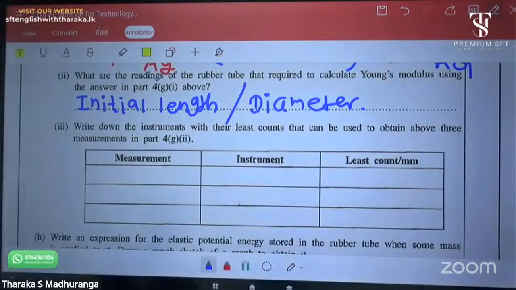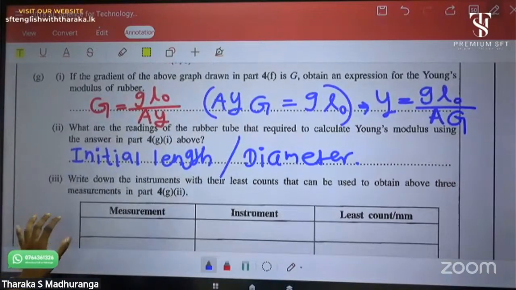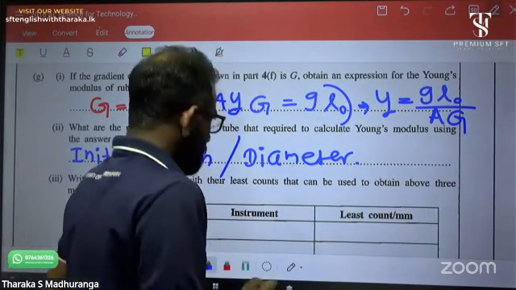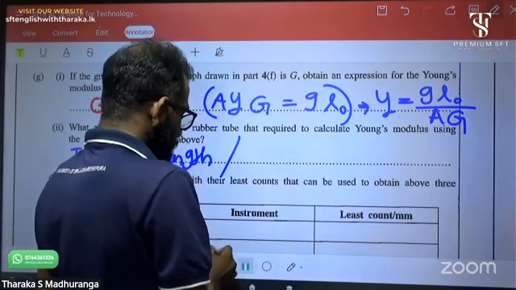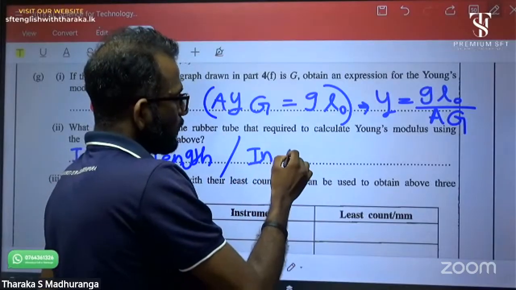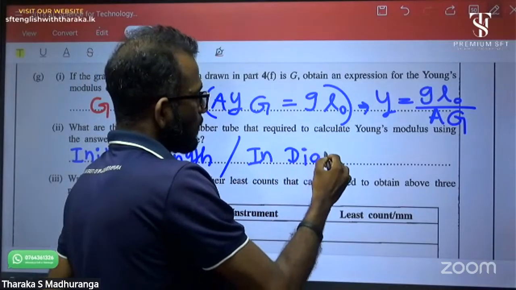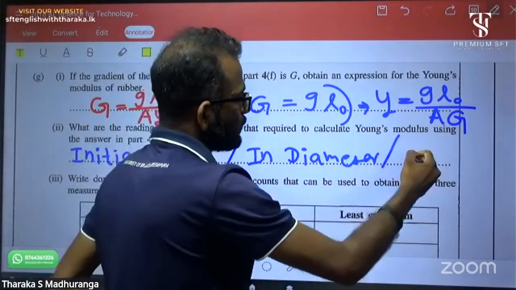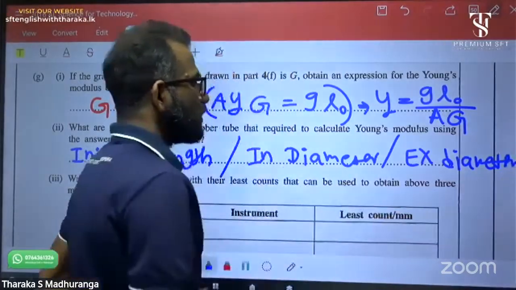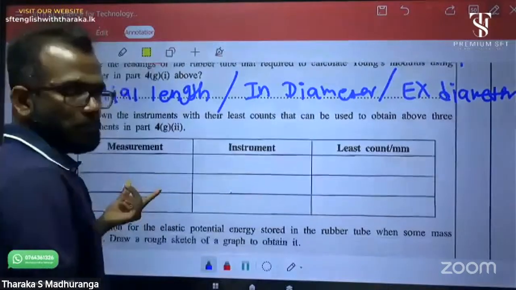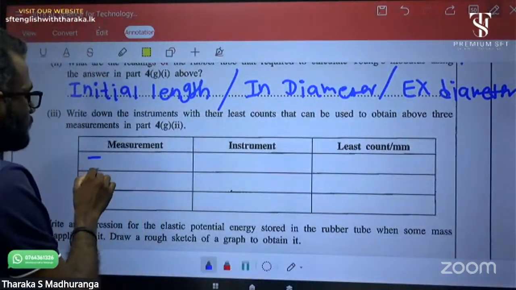Write down the instruments with their least counts that can be used to obtain about these measurements. There are 3 measurements there: internal diameter and external diameter, and the initial length.